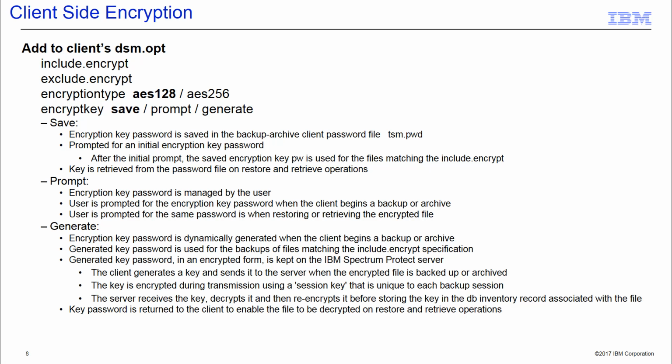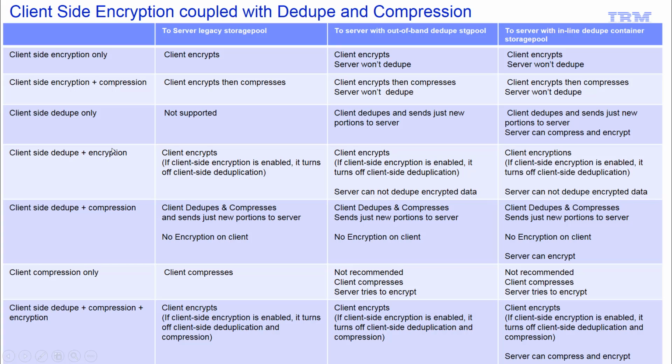Client-side encryption can be used to encrypt files on the client before they're written out to either legacy storage pools, which once again would be like your file or your tape or your VTL pools. They can be written to the Spectrum Protect server and sent to an out-of-band dedupe storage pool. This is our older type of deduplication storage pools.